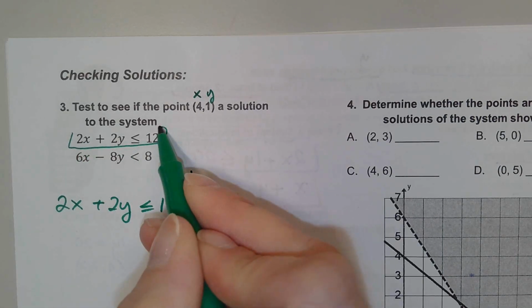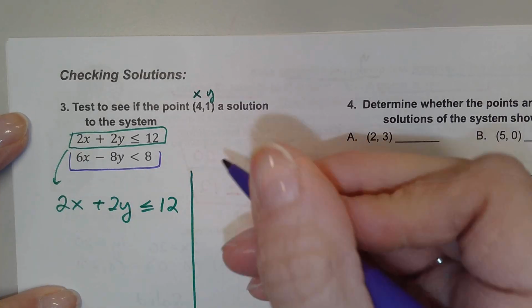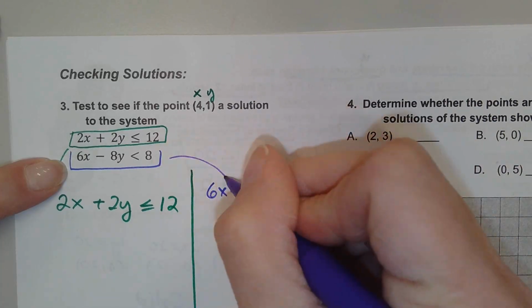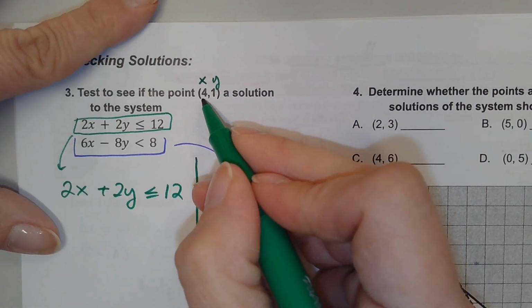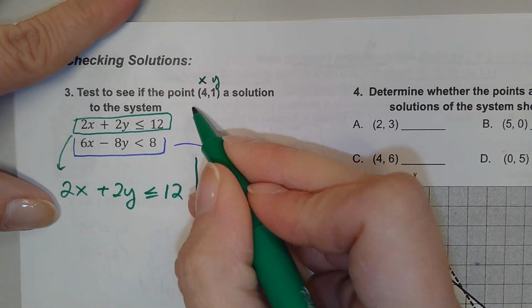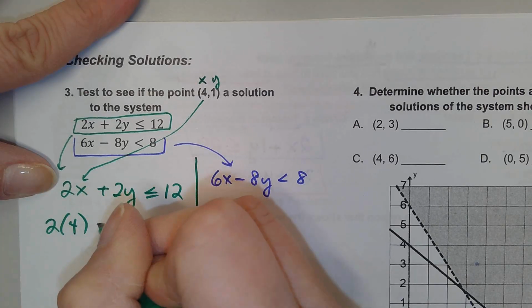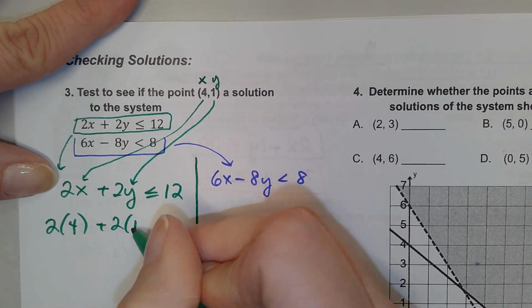Inequality 1, I'm going to put here. Inequality 2, I'm going to put the work over here, just to stay organized. So let's put 4 into the x spot, with parentheses, and 1 into the y spot.